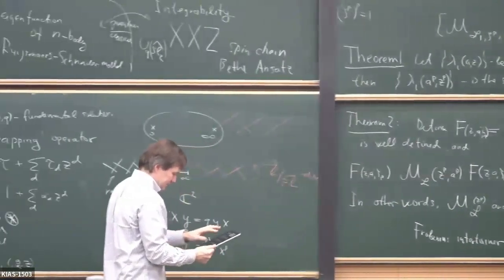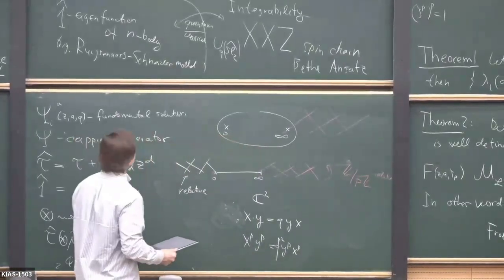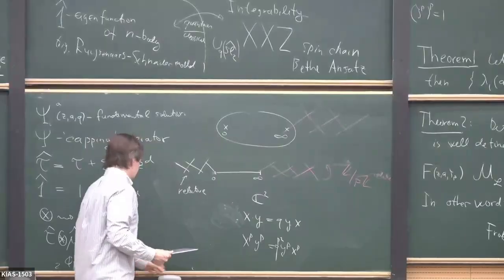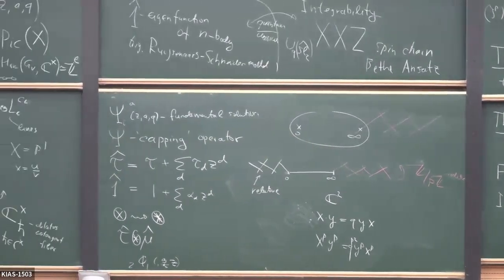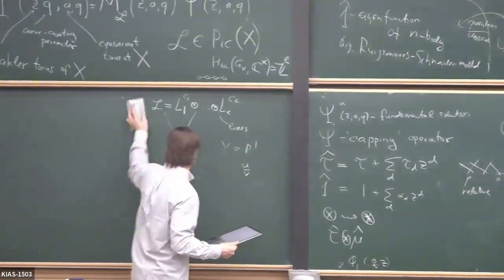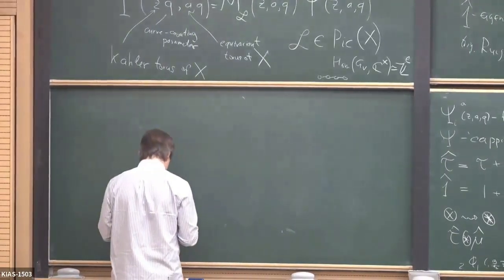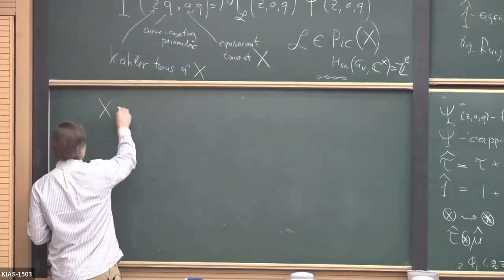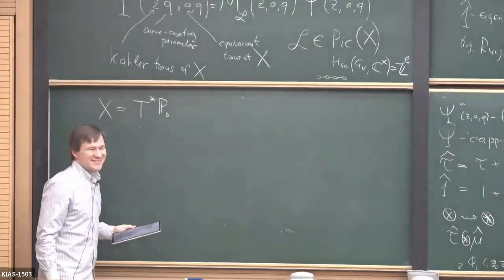Maybe let me give the example. I can erase this. For example, if the quiver variety is T star P0.